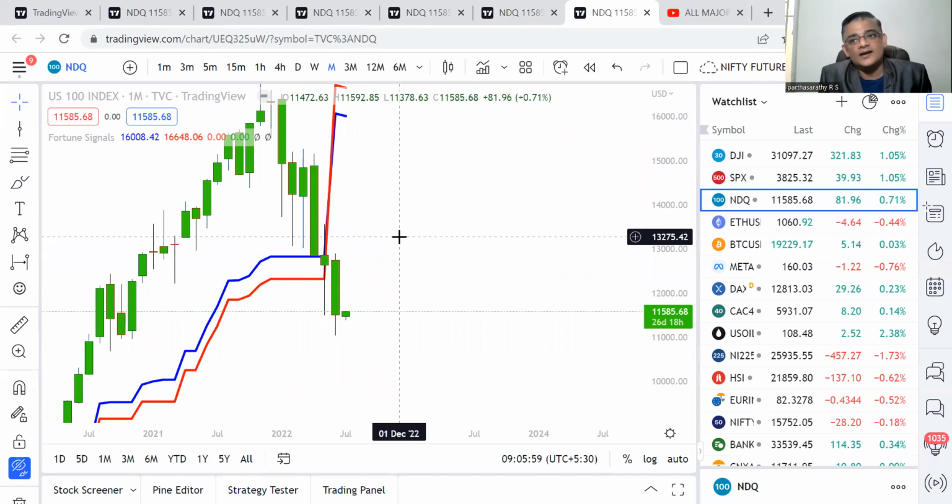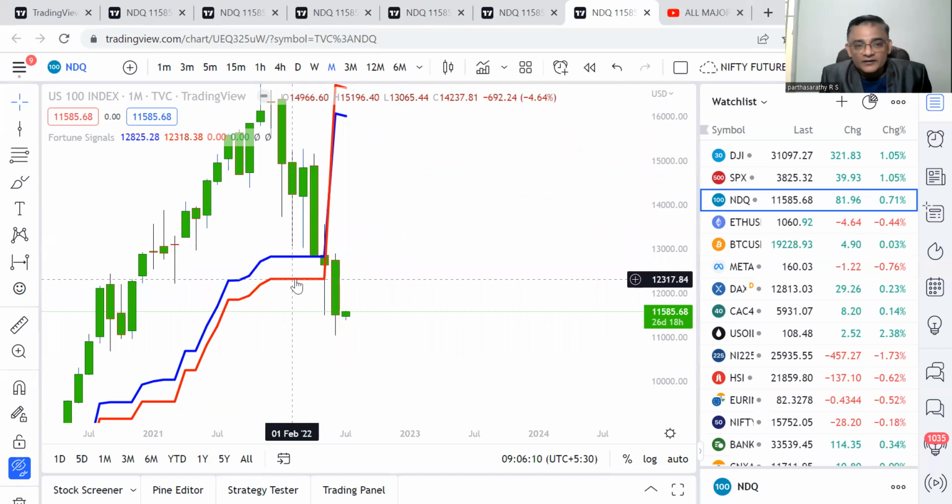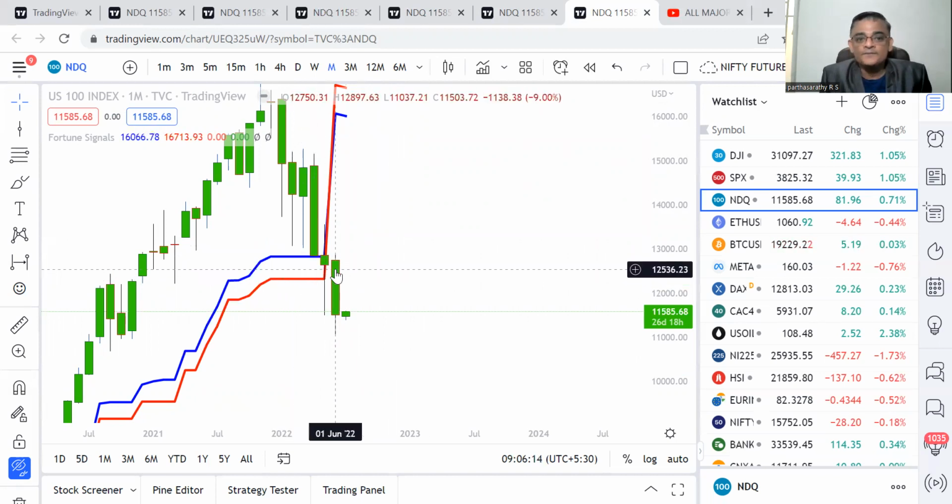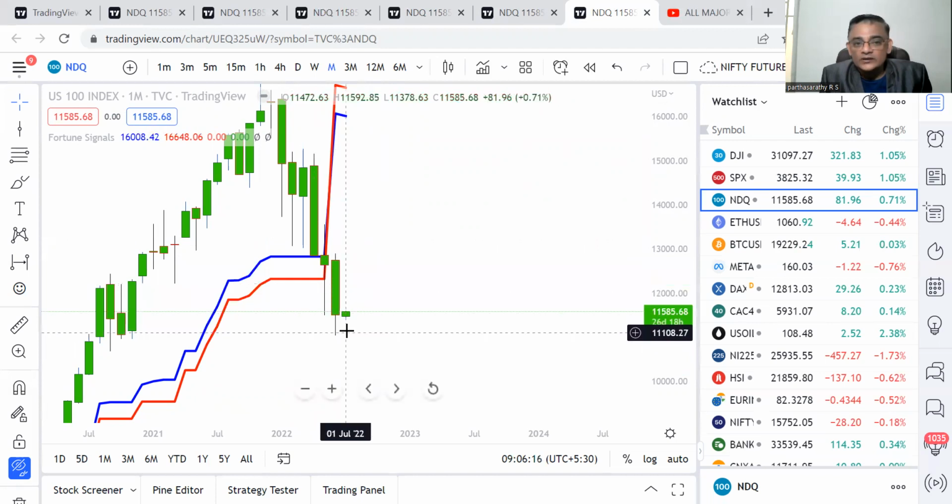And this is what I said in Nifty with the combination of date, and that is where we took the bottom. You can go back and watch my last week forecast video. So whenever it breaks this red color line on fortune signals, if this candle low is held, then we don't need to worry about Nasdaq.